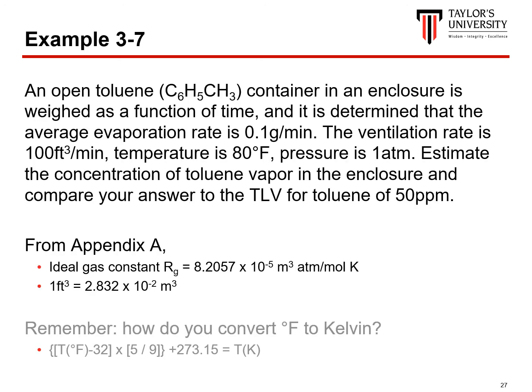The next example shows the calculations for an open toluene container as a function of time, to estimate the concentrations of toluene vapors in the enclosure, and compare your answers with the TLV for toluene of 50 ppm. So you can take a look at how the solution is done. I'm not going to go through it step by step here. It's very straightforward.